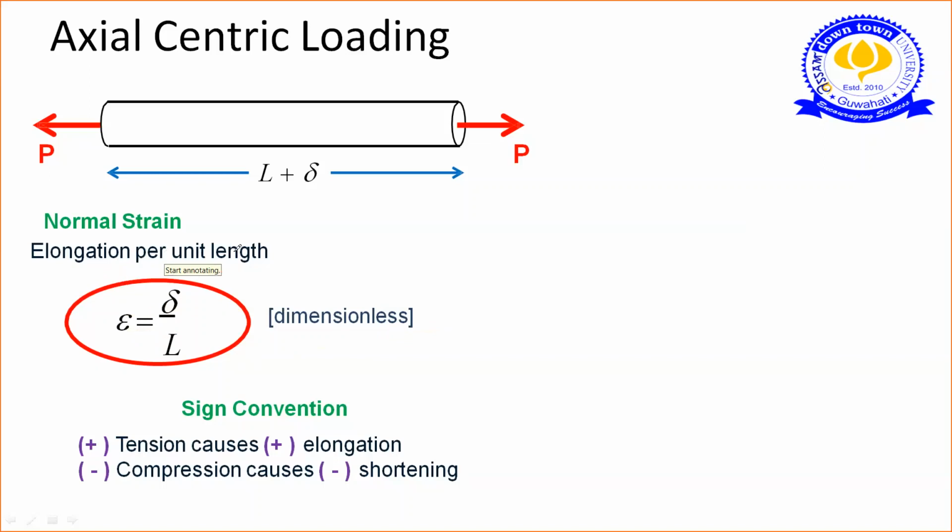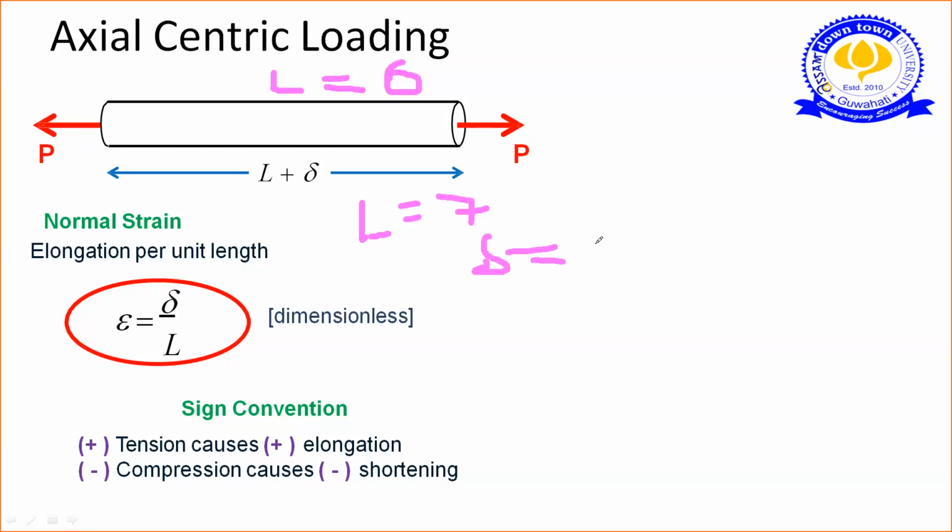See, first I'll discuss the formula, then I'll move to this part. Elongation per unit length. So how much elongation we got divided by the original length. Suppose the original length of this member was 6 meter. When I stretched it, it fails at some point, and now we get the new length.